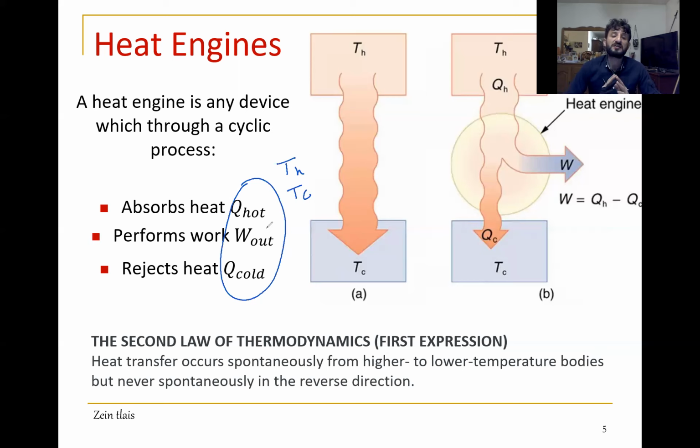These are the parameters of any heat engine: Q hot, Q cold, the work W, and T high, which you can also call T hot. Here you can say T cold or T low, TL. It's the same.